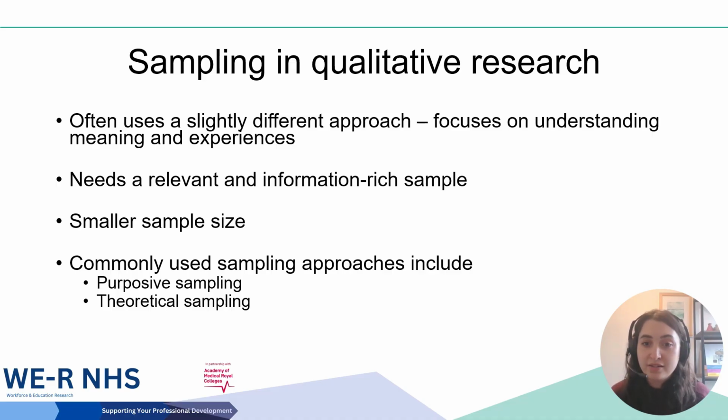An example of this is where you might find that somebody has mentioned why a particular treatment might work or not work in a particular setting, but you want to find out more about it. So you might try and recruit people who can fill that gap in your data. This approach is used to develop and refine a theory, not just to describe people's experiences.